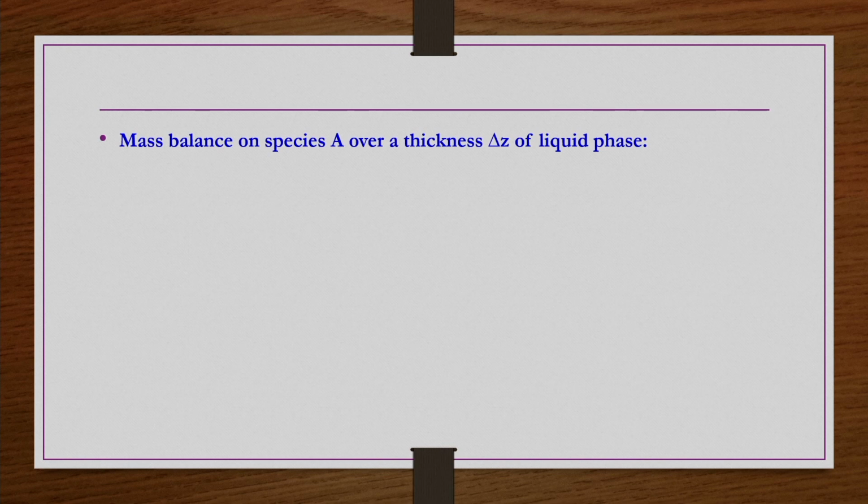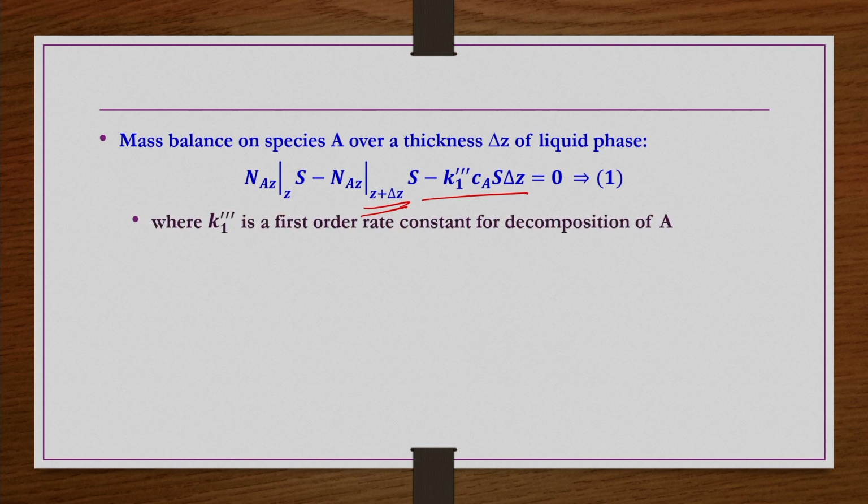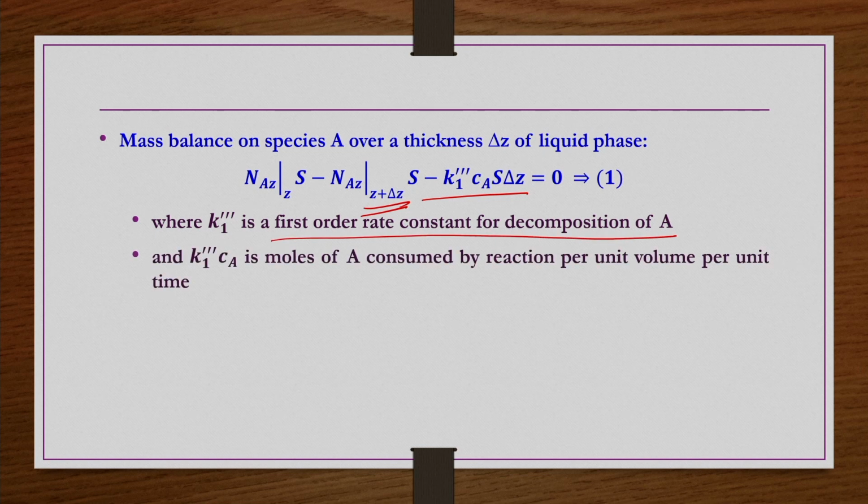Now, a mass balance on species A over thickness delta Z of the liquid phase: NaZ at location Z multiplied by S, minus NaZ at location Z plus delta Z multiplied by S, minus the rate of disappearance of A, that is K1 triple prime Ca S delta Z, equals 0. Here K1 triple prime is the first order rate constant for decomposition of A, whereas K1 triple prime Ca is the moles of A consumed by the reaction per unit volume per unit time.